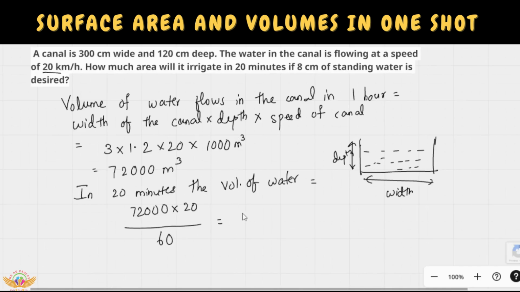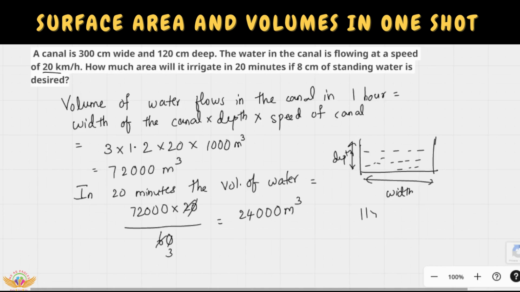That is equal to 24,000. If you multiply, you got 24,000 meter cubed, the volume of water in 20 minutes. Okay, done. The reason why I divided by 60 is because it is in hours, so we have to convert it into minutes.